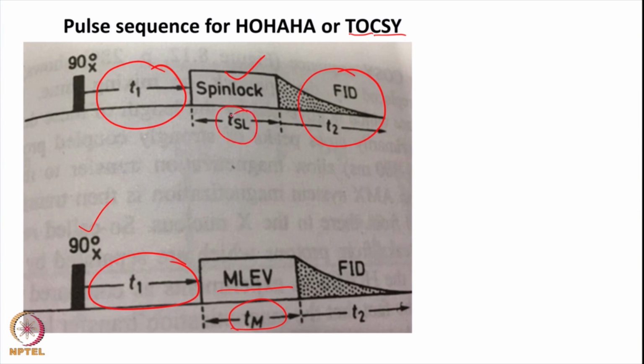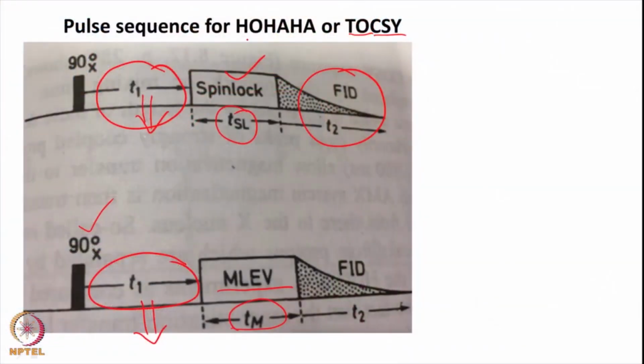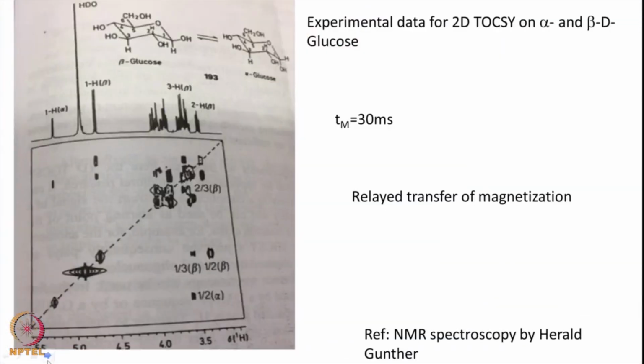Now the same experiment can be extended to 2 dimensions, we just have to add a t1 evolution here, which we are going to discuss after a few classes. So from 1 dimension we can go to 2 dimensions, and we can achieve magnetization transfer relay from one spin to another spin to a third spin to a fourth spin, something like that. That is essentially the HOHAHA or TOCSY experiment.